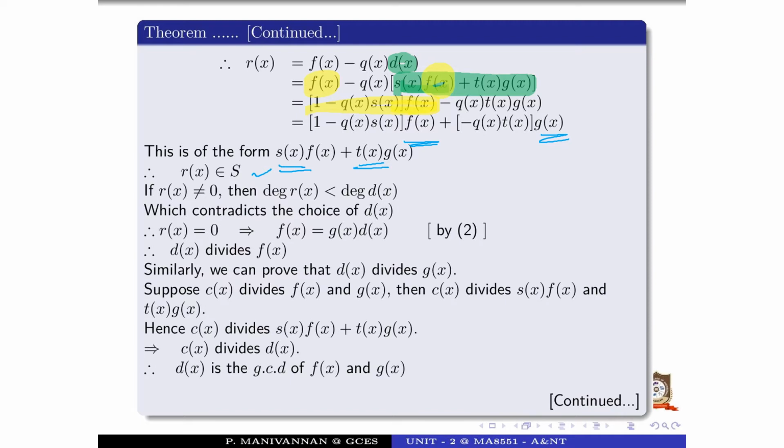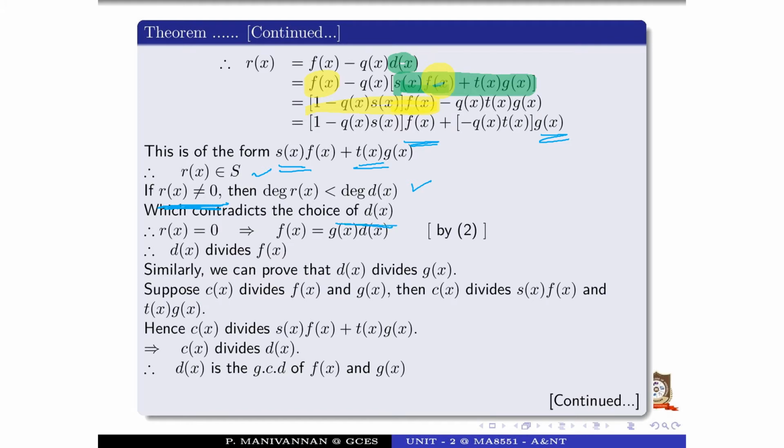If r of x is not equal to 0, then what is the previous condition? Degree of r of x is less than degree of d of x. Why? Degree of r of x is less than degree of d of x by the previous page, which contradicts the choice of d of x.